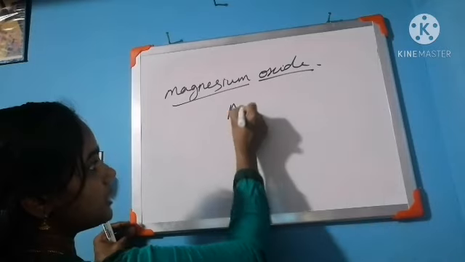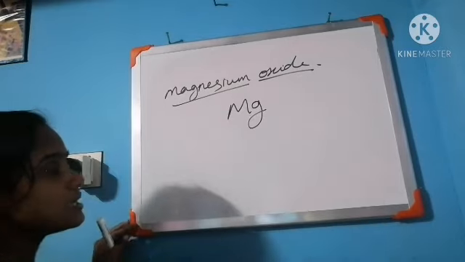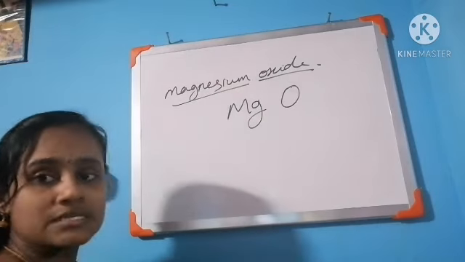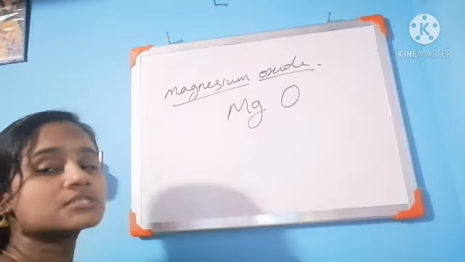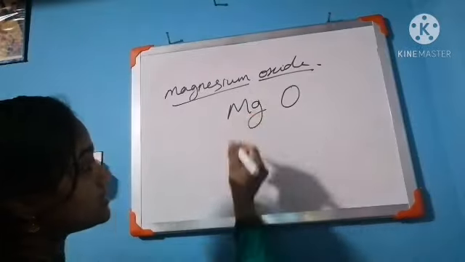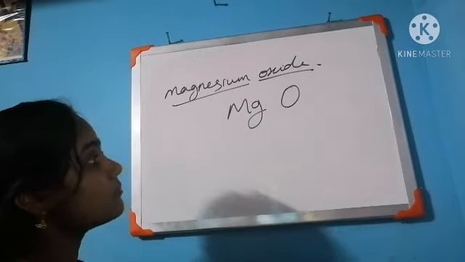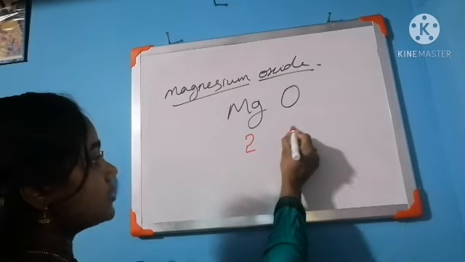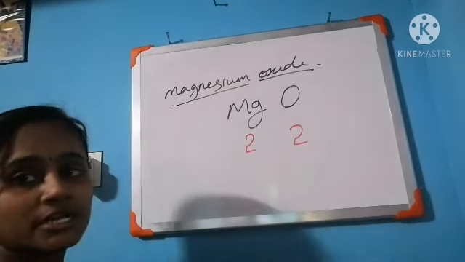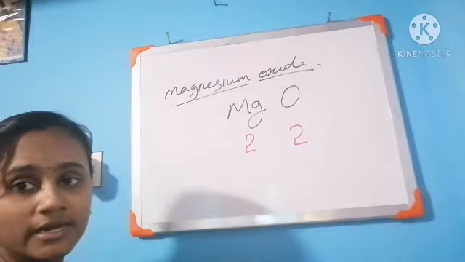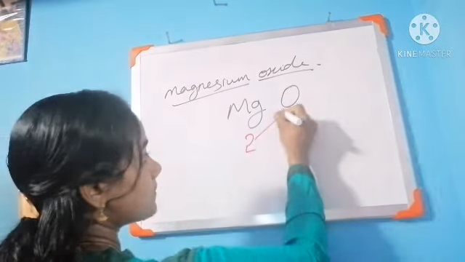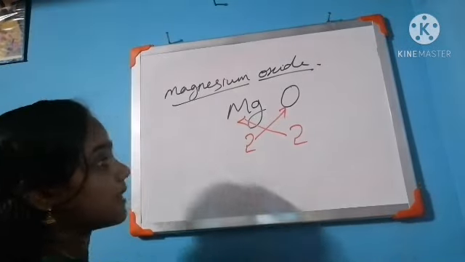The symbol of magnesium is Mg and the symbol of oxygen is O. What is the valency of magnesium? 2. Valency of oxygen? 2. Then cross multiply.